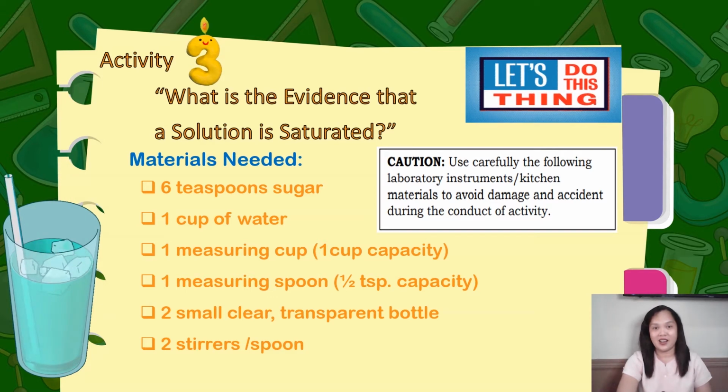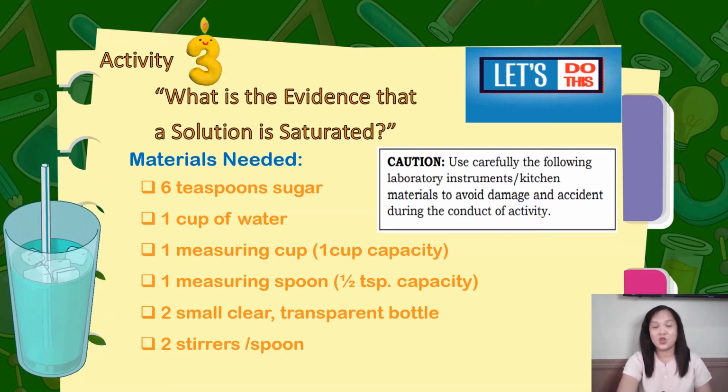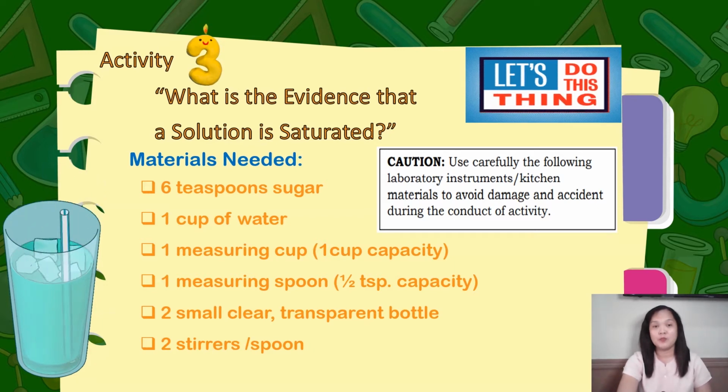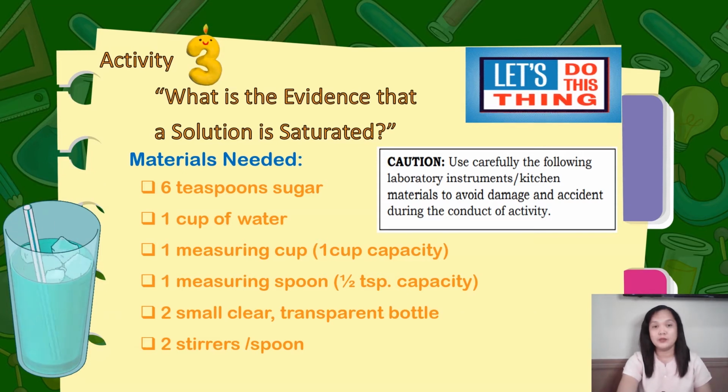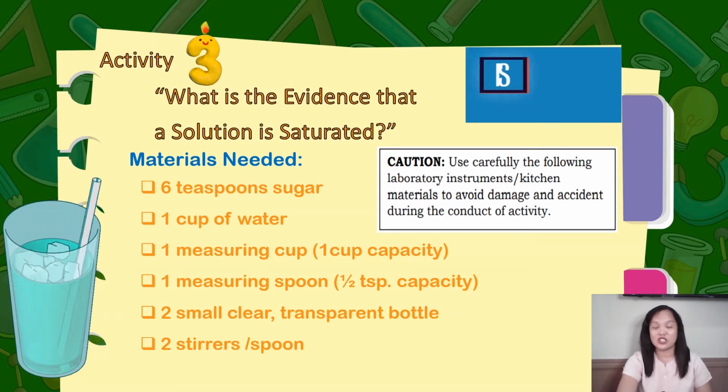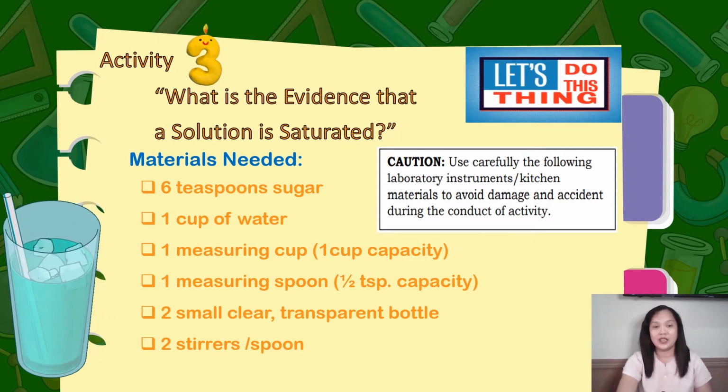The materials are 6 teaspoons of sugar, 1 cup of water, 1 measuring cup, 1 measuring spoon, 2 small clear transparent bottles, and 2 stirrers or spoons.